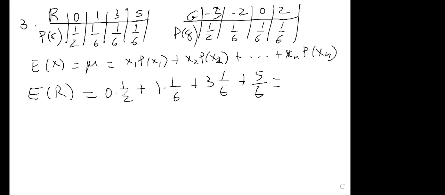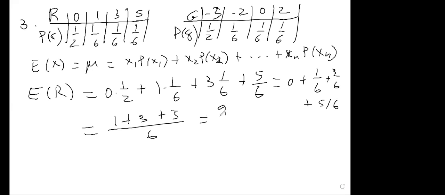So this is 0 plus 1 over 6 plus 3 over 6 plus 5 over 6, which is 1 plus 3 plus 5 over 6. So the expected revenue you will have in playing this game is 1.5.